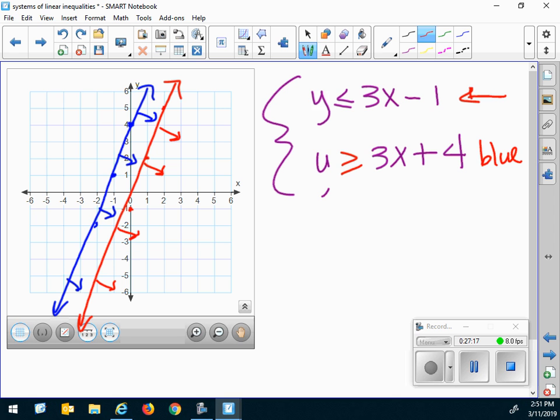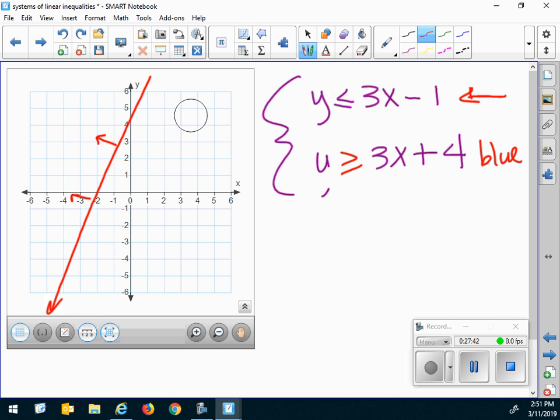The blue, it would have gone like this, right? That would have no solution because there's not any part of it shaded by both. So no solution.